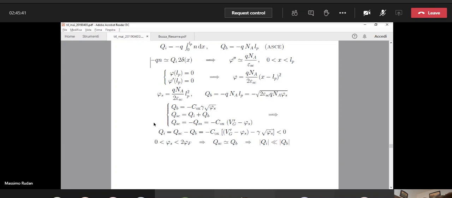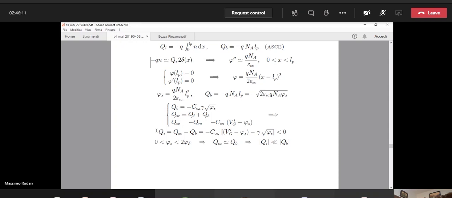You should memorize it, okay? Of course, the quantities are such that the brackets is positive, okay? So this is negative because of the minus sign, and it is correct that it must be negative because Qi is a charge due to electrons. So it is negative for the p-type substrate, okay?